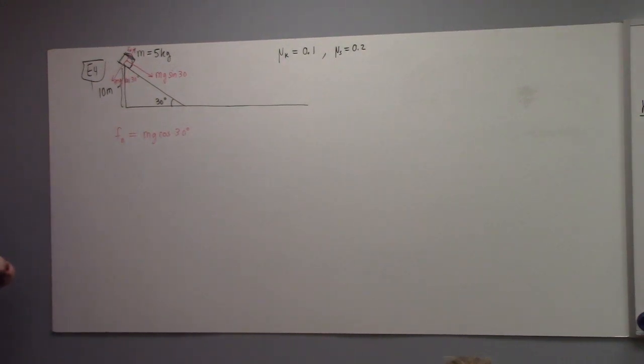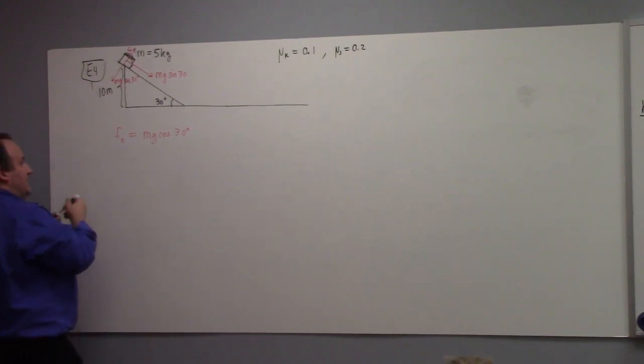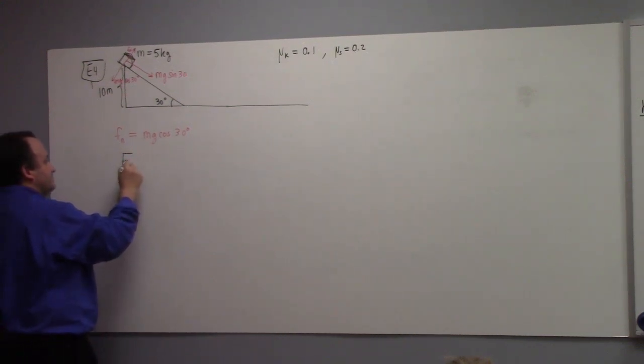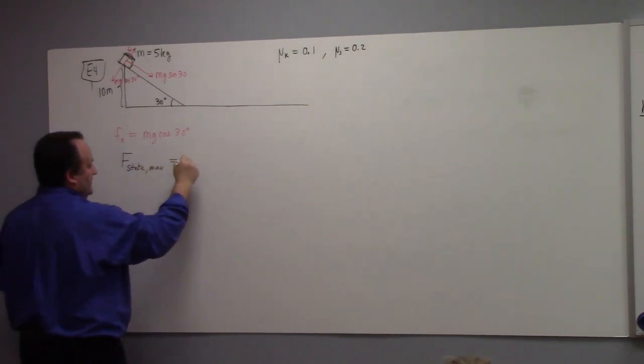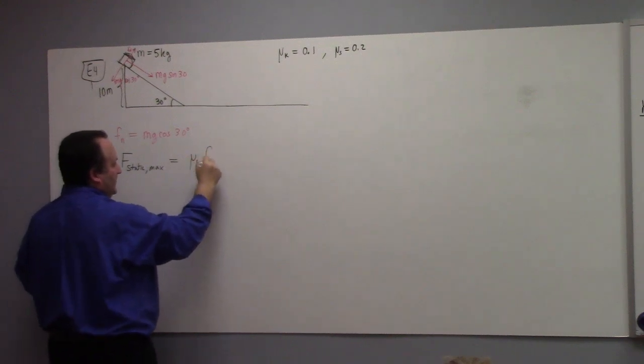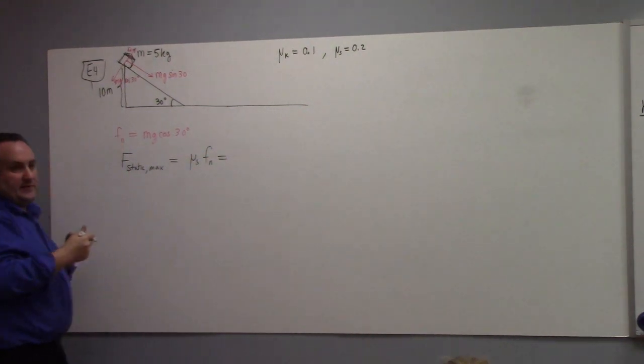So my question then is, how big is the force of static friction? The max is equal to mu sub s times the normal force.